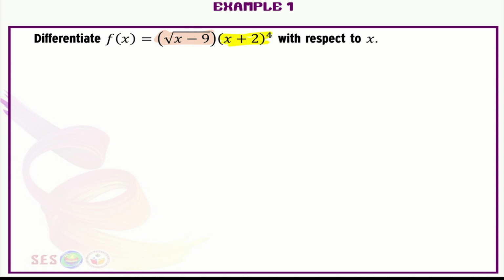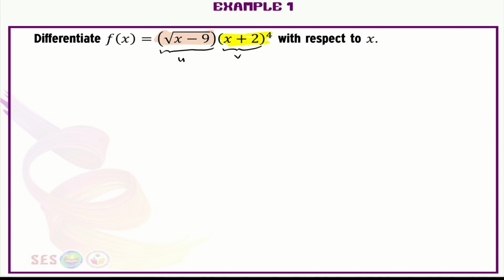The two functions are being multiplied to each other, which means we can apply the product rule in order to get the differentiation. So the first term should be our u, and the next one should be our v.